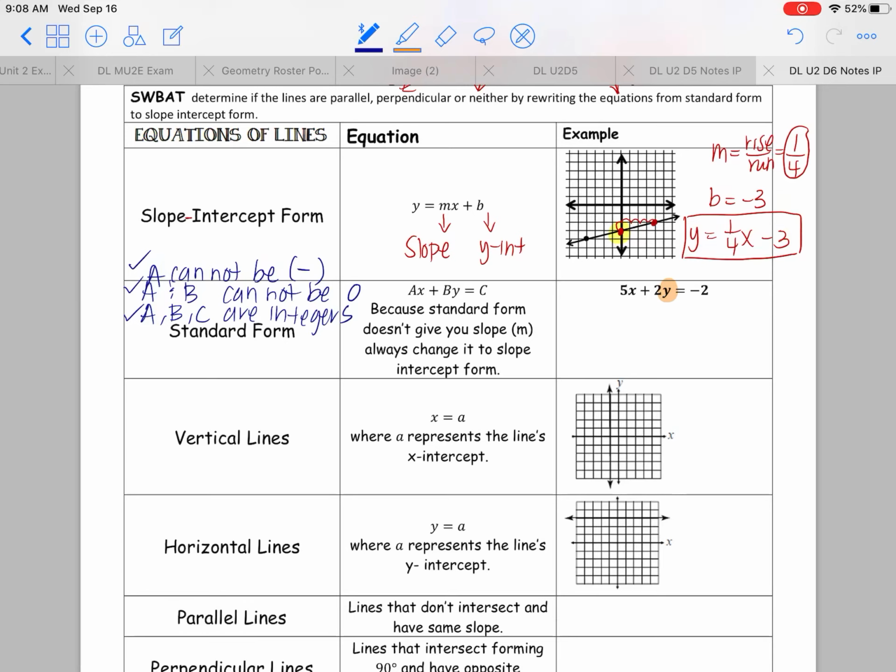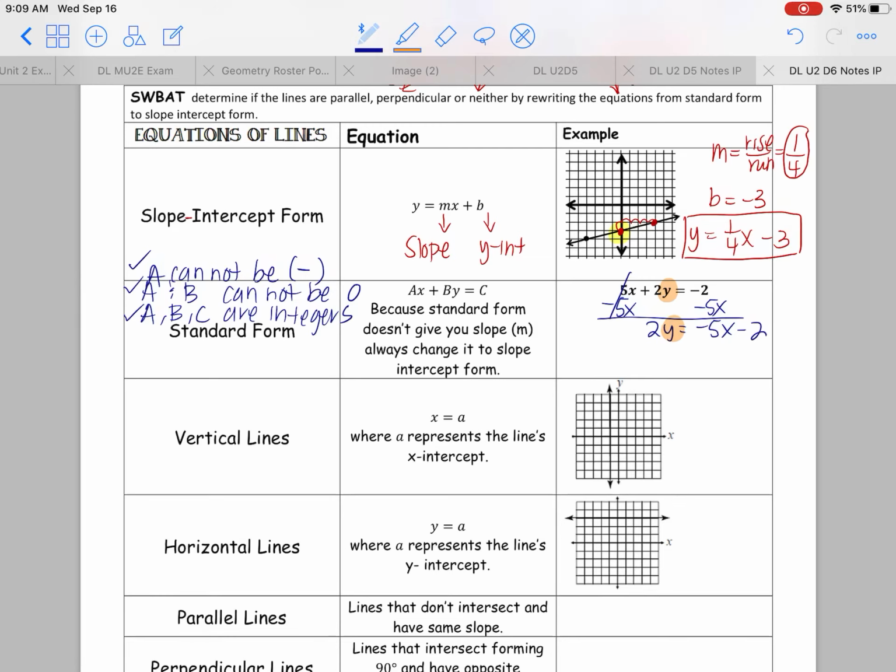The first step is to cancel the x term. So I got to cancel that 5x so that I can leave y alone. So I got to do that by doing the inverse operation, -5x. And what I do to the left side, I do to the right side of my equal sign because this is an equation and I got to maintain the balance of it. So this is going to give us 2y equals -5x minus 2.